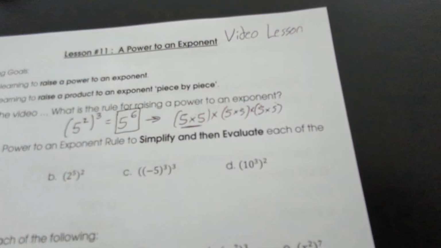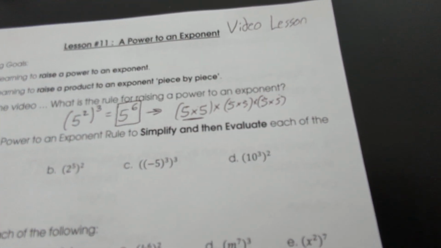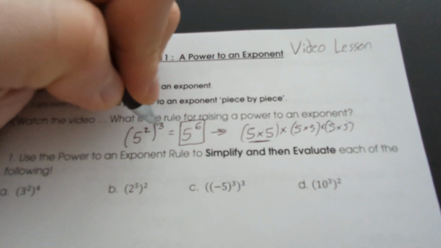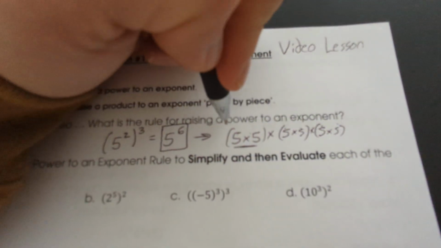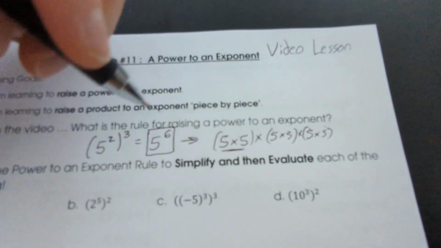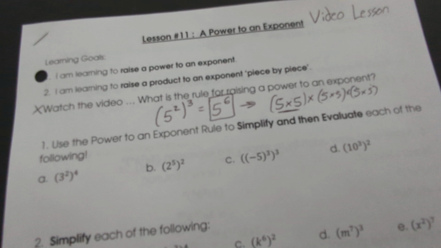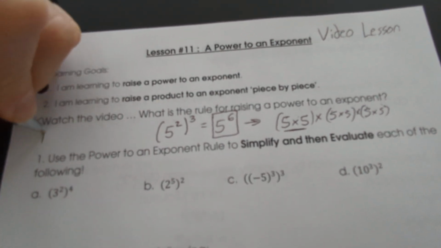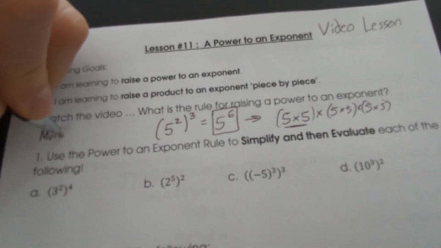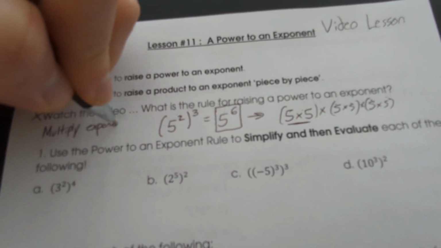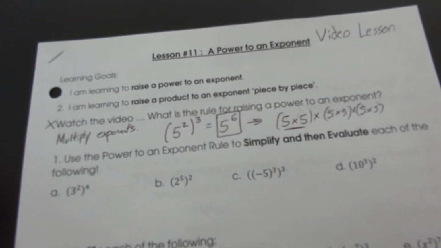But basically what the rule is here is that you just multiply these two numbers. So when we get going, we won't write this out every time. We'll just do the rule, which is we multiply exponents. So if you want to write that as a note, we multiply exponents.